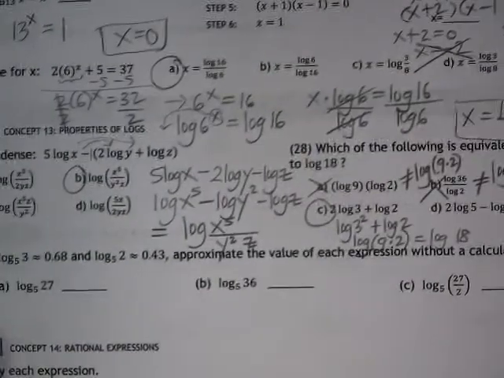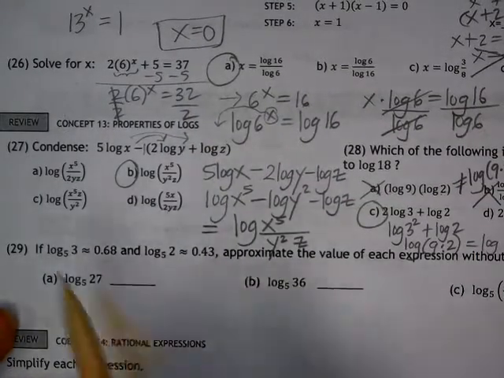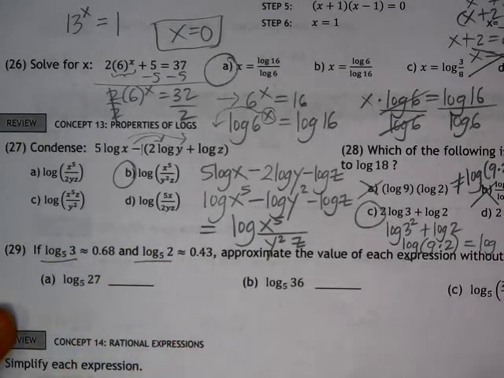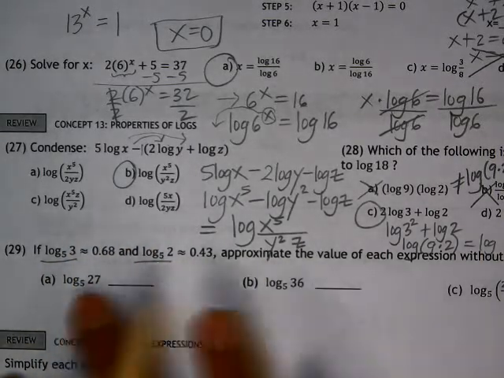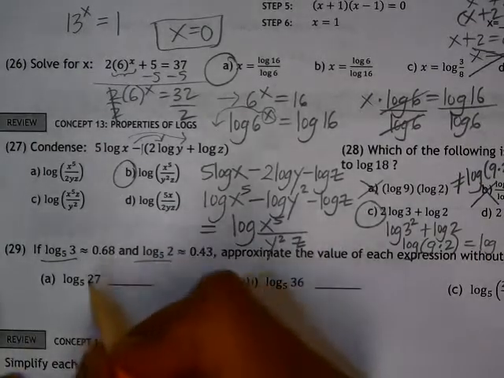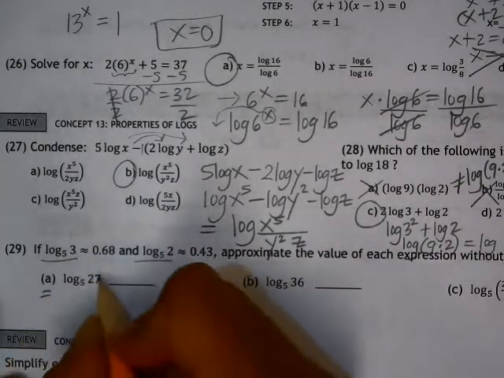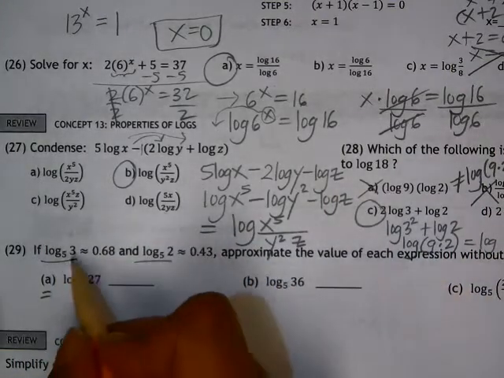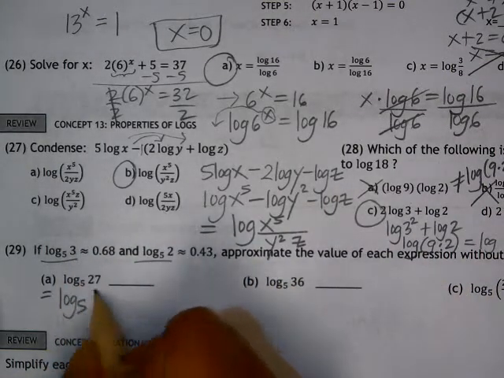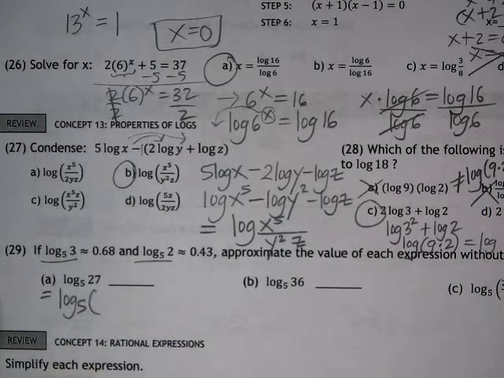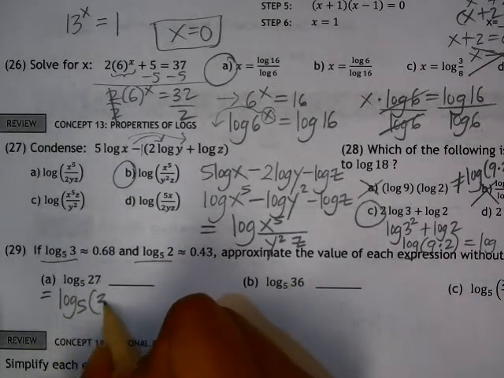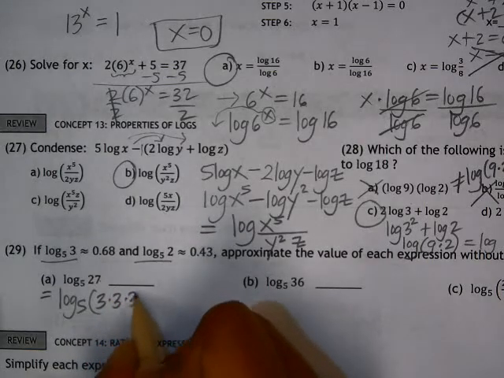In number 29, we're given log base 5 of 3 and we're given log base 5 of 2, but we're asked to simplify these 3 expressions. So log base 5 of 27, we don't know what that's equal to, but we can figure out what it's equal to approximately by rewriting 27 in terms of 3's and 2's. So I know 27 can be rewritten as 3 cubed or 3 times 3 times 3.